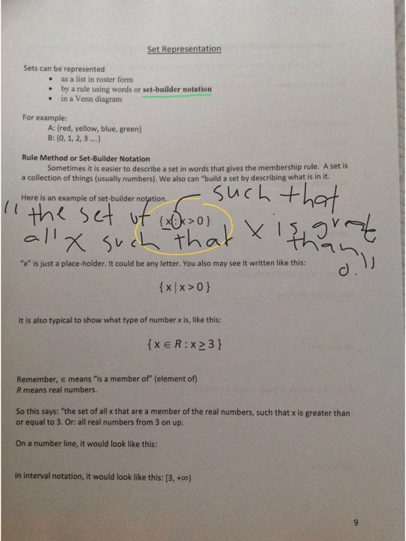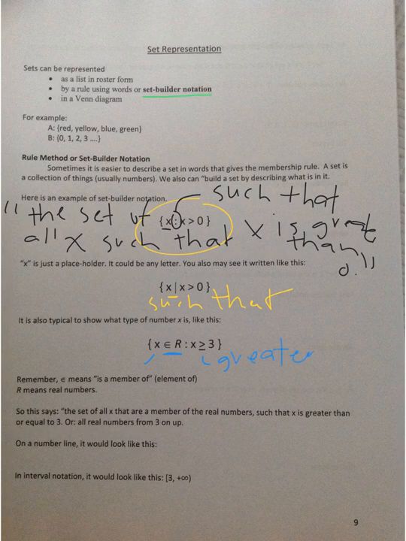You also might see it written like this. That bar also means such that. It's also typical to show what type of number x is. Here we're being very specific and we're saying that x is an element of reals, such that x is greater than or equal to 3.